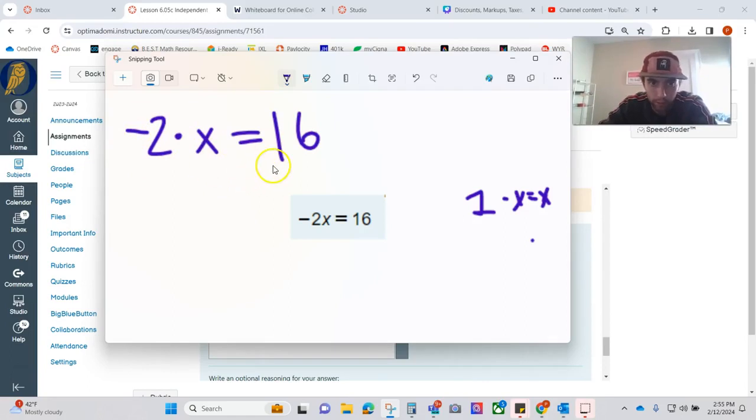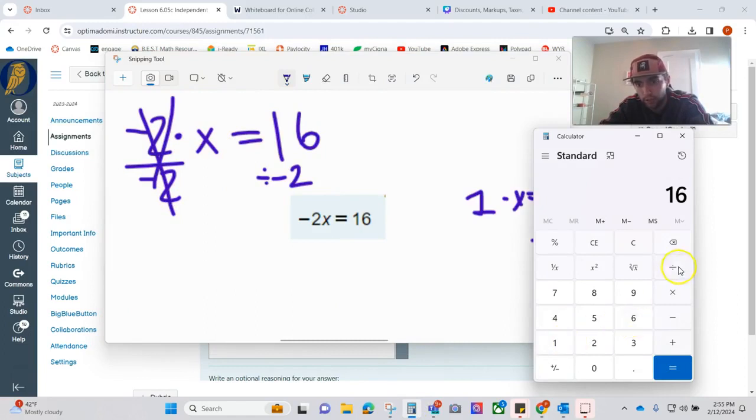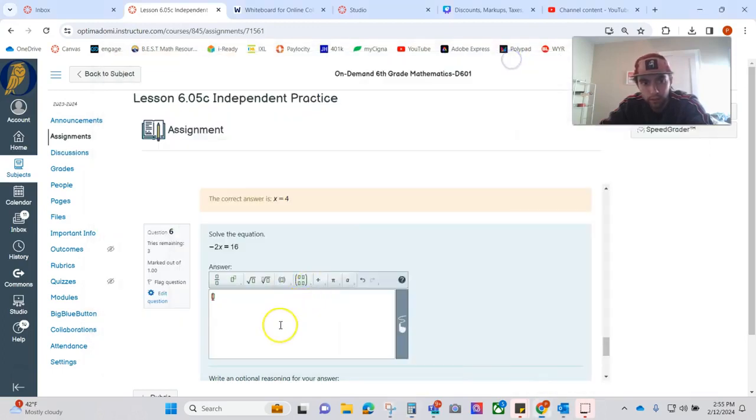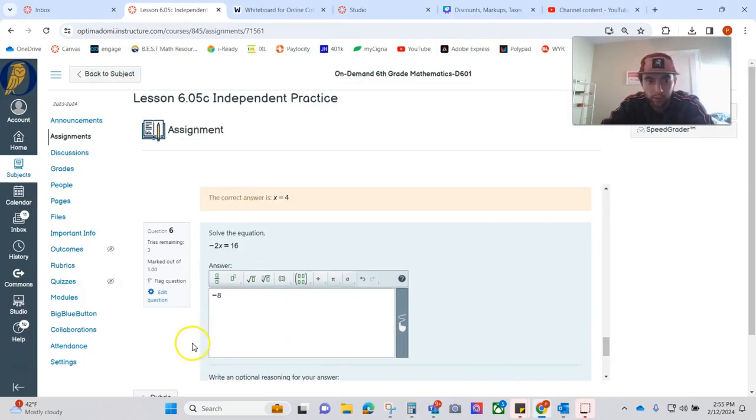So instead of timesing by -2, let's divide by -2. Oh, -2 divided by -2 is 1. 1 times x is just x, so that disappears. Now 16 divided by -2, Monsieur Calculator, c'est x is -8. -8.